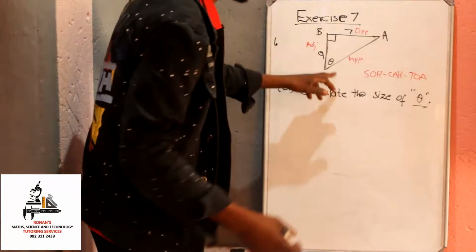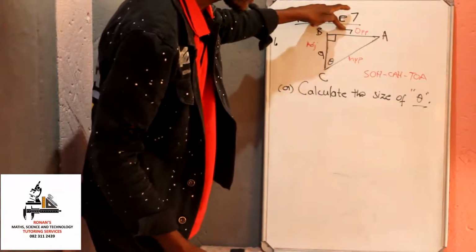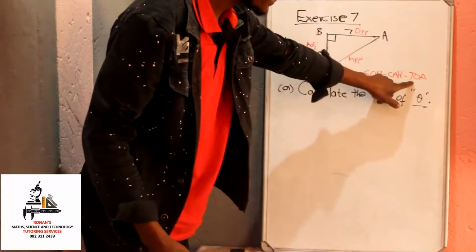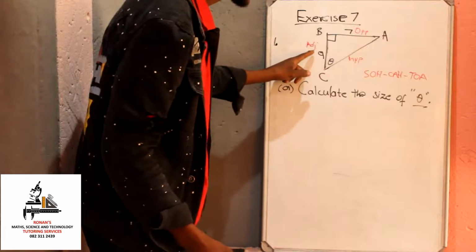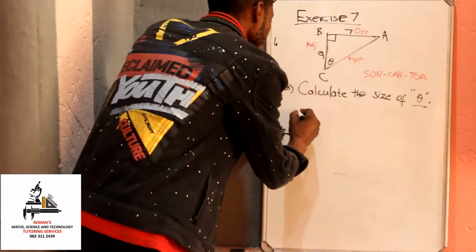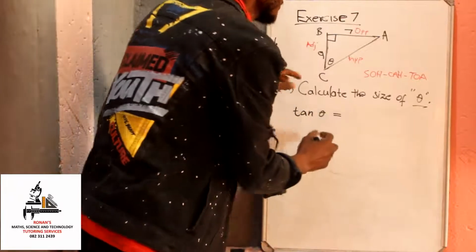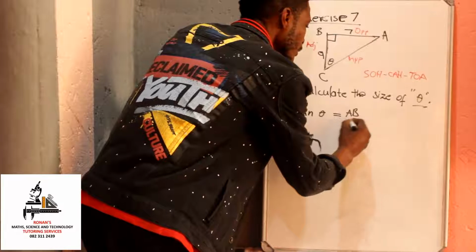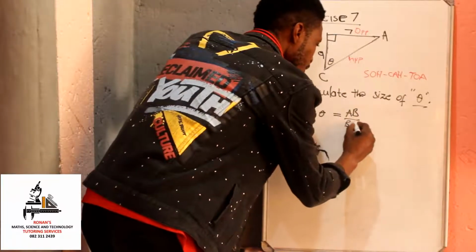Because this is the adjacent side given and the opposite side given, we can only use the tan function in order to obtain theta with the given information. That means tan theta would be equal to opposite, which is AB, over adjacent, which is BC.